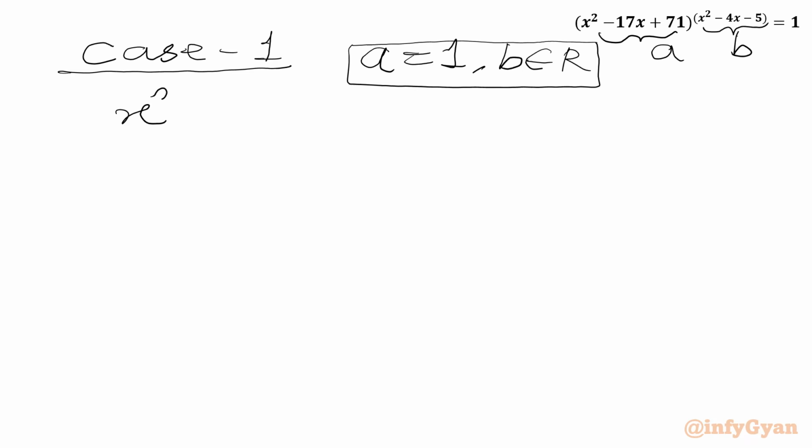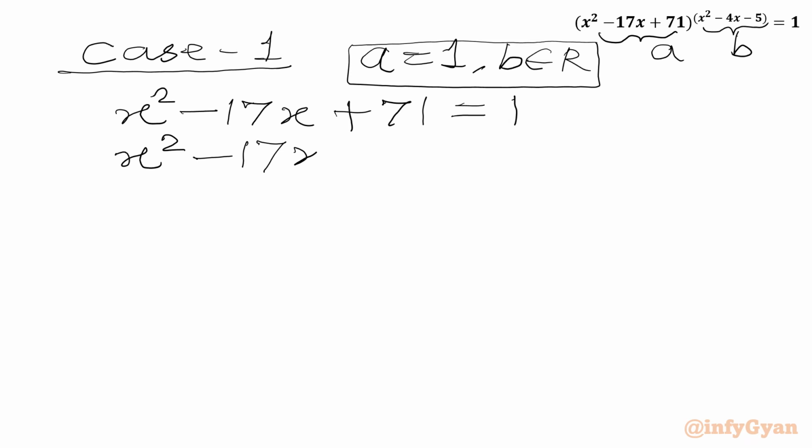So A is x square minus 17x plus 71 equal to 1. Subtract 1 from both the sides. x square minus 17x plus 70 equal to 0.